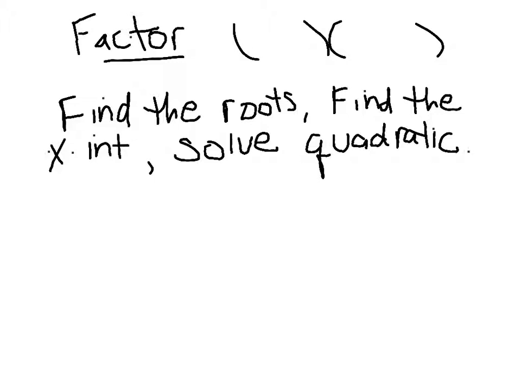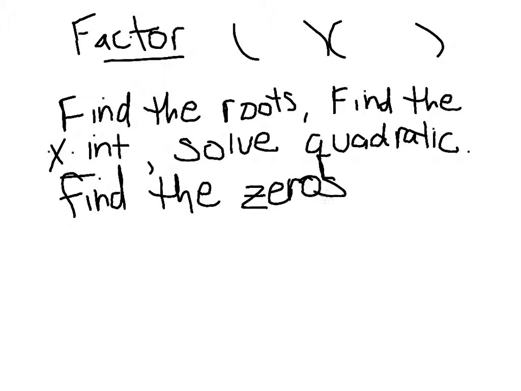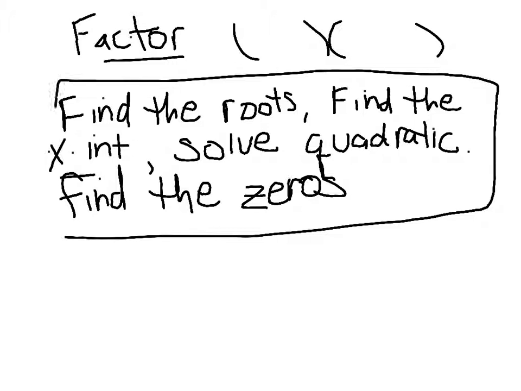And they could also say find the zeros. So there are a lot of different ways to tell you directions to find the next part, but all these sayings are really telling you to do just one thing.